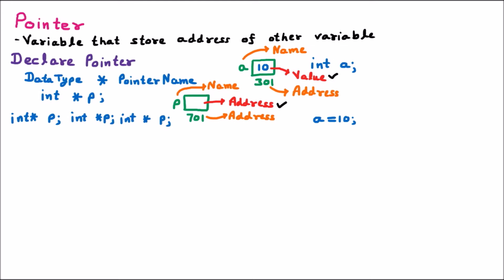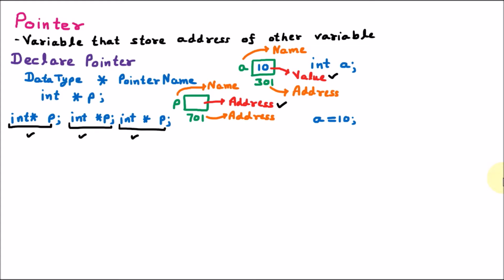So there are three ways. This is the first way, this is the second way, and this is the third way. And all these ways are correct. If you write the pointer like this, no problem, the pointer will be declared. All the declarations are valid. It is totally up to you how you want to declare it.